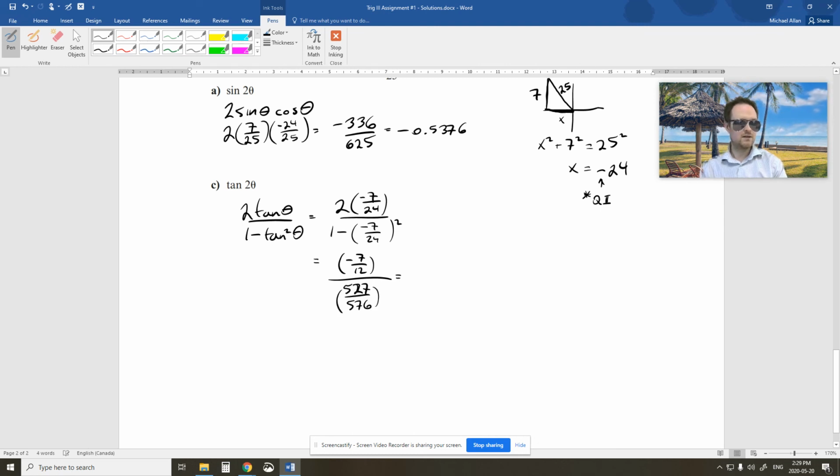Okay, and then negative 7 over 12 divided by this fraction. Math, enter, enter. I get negative 336 over 527, or some kind of ugly repeating decimal. It looks like it's repeating, but it's not very nice.